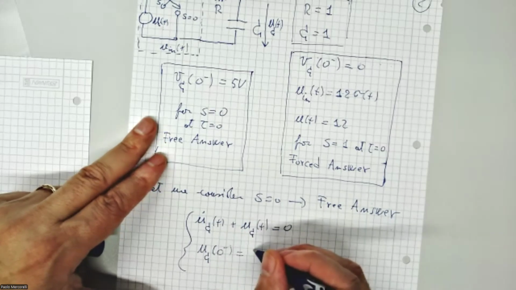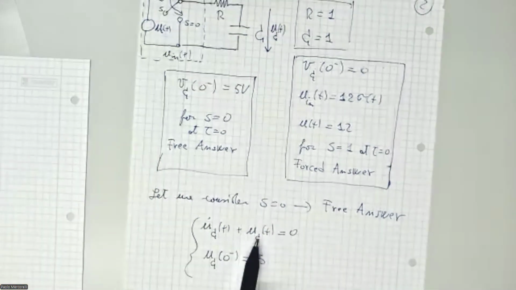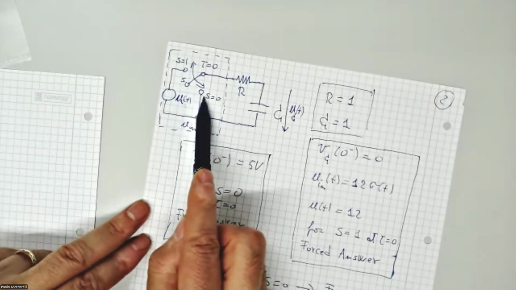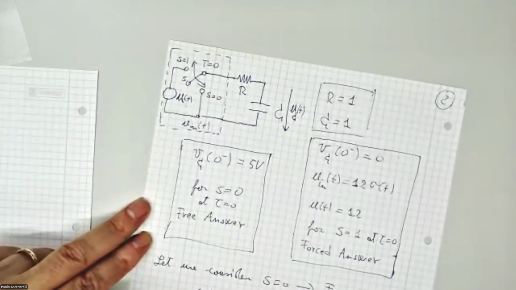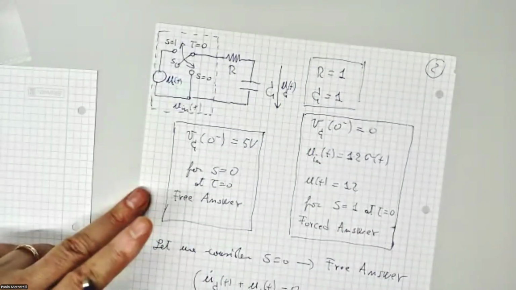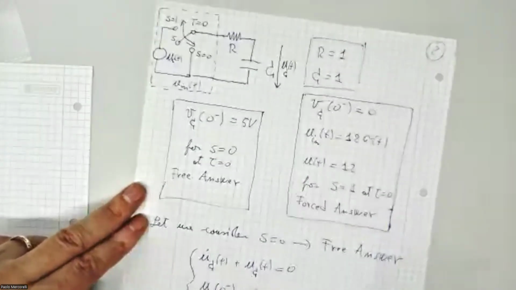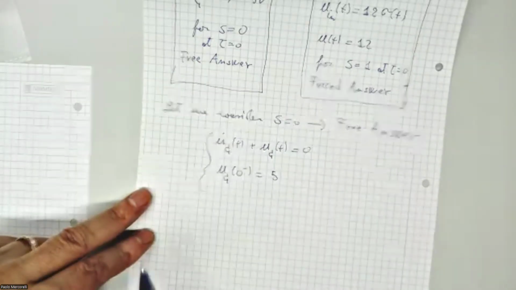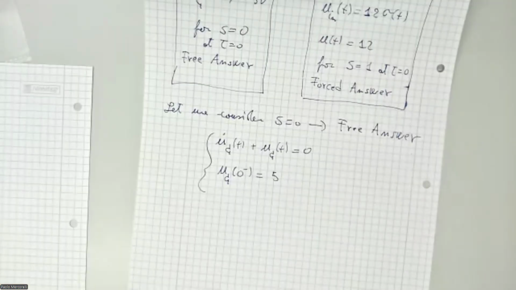Equal 5. Why this equation? I don't know if you remember. It's the Kirchhoff. We are in this position here. Or we close at this position here at time 0, knowing that the time minus 0 is 5 voltage. Let me write 5.